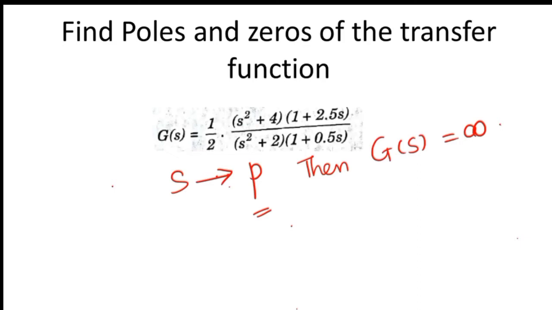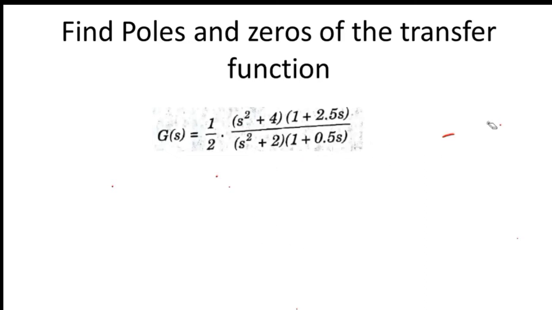In general, in any fraction, if the value in the denominator is equal to 0, then that fraction value is undefined, it will tend to infinity. So, we take the denominator polynomial, the polynomial present in the denominator, equate it to 0 and solve for s.